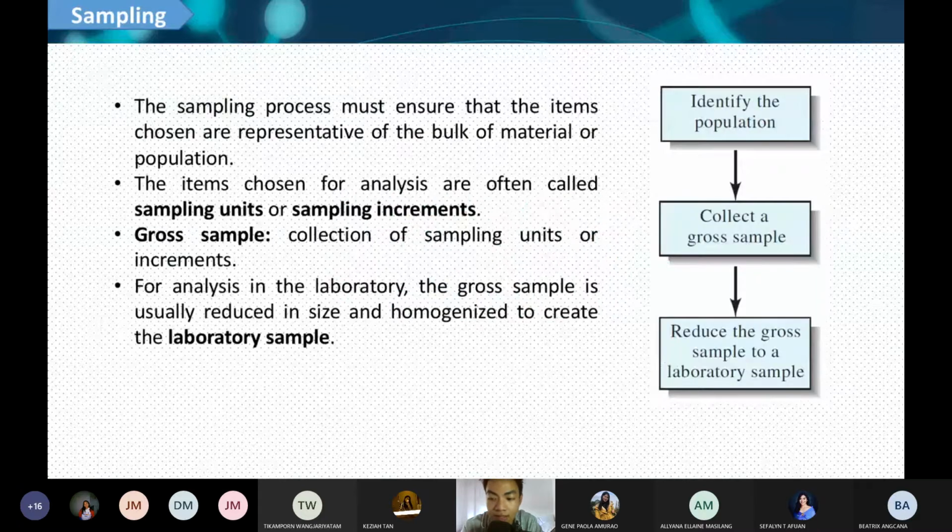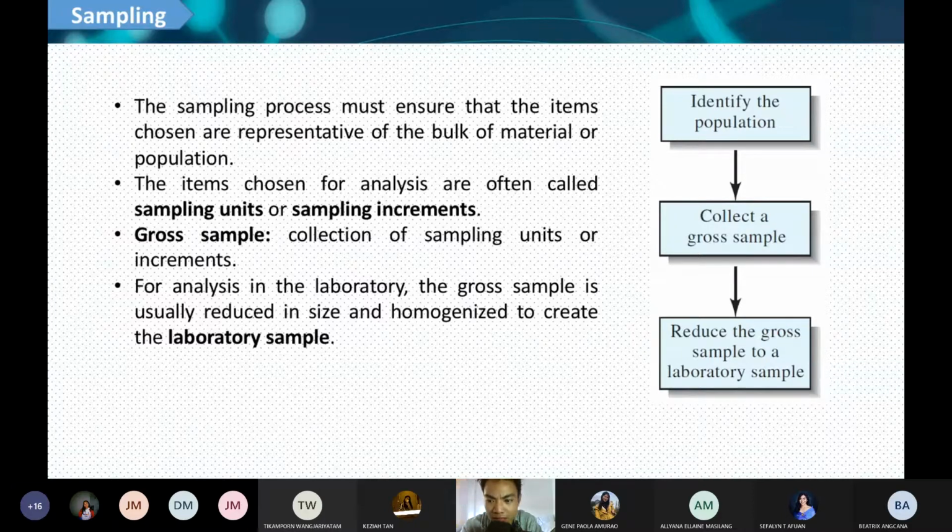So the progression of the amounts of your substance that you are dealing with in the laboratory are the following. There is a sampling increment. That means as you go to your laboratory, your sample size decreases further. For example, if I am going to analyze the Pasig River, which I did before, we went to the Ilog Pasig, and then we got at least 1 liter of solution from that Pasig River.